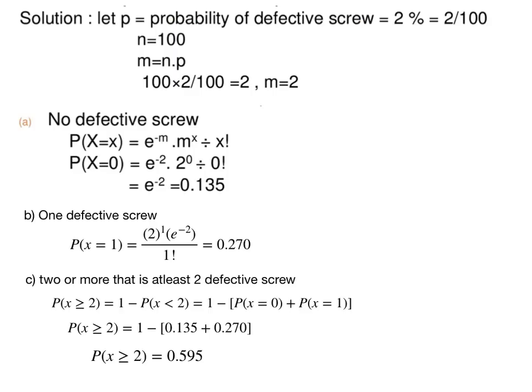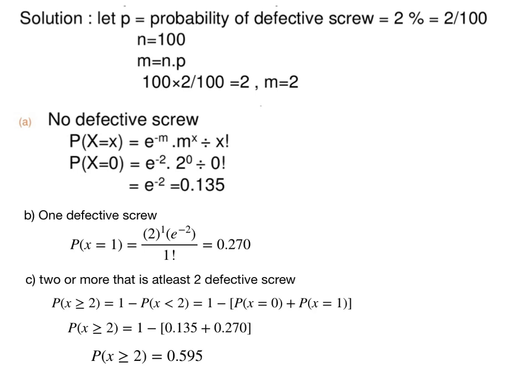Now in this example, the probability of a defective screw is 2%. From this percentage, we need to find the value of p. 2% implies 2 divided by 100, so p is equal to 0.02.